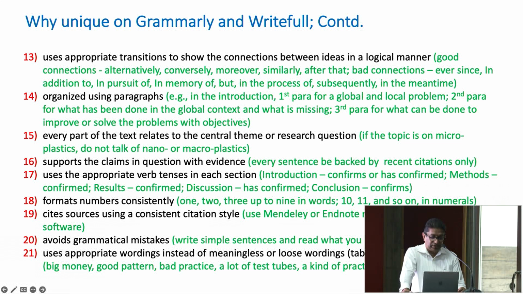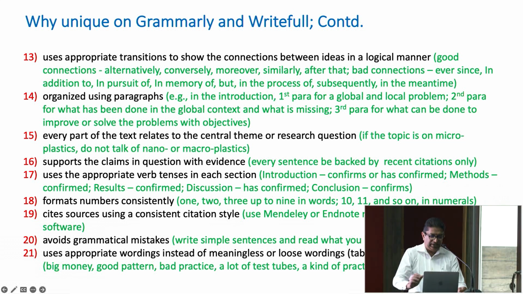When it comes to discussion, "has confirmed," present perfect. When it comes to conclusion, again the present. Now, if you do not follow this, again your paper will be rejected, or maybe reviewers might come and say that you need to improve your English. Okay. So, always stick to the correct form of grammar that you have to apply for each section of your paper.